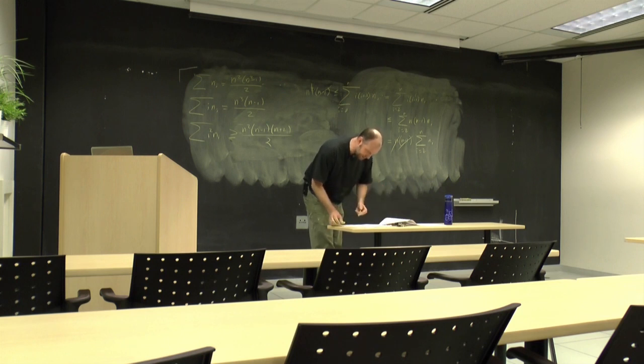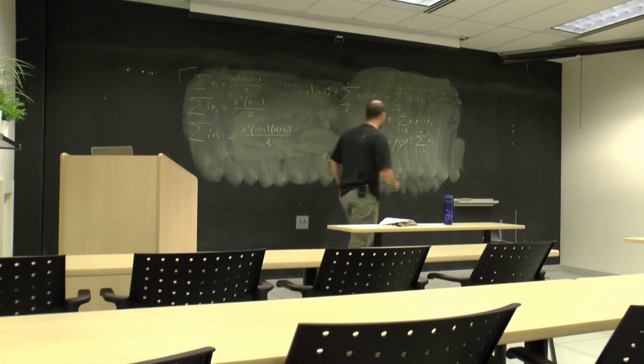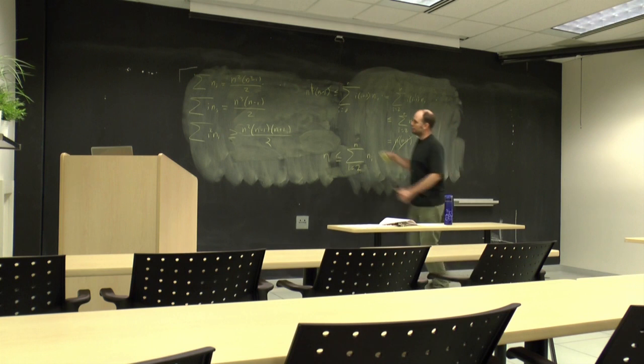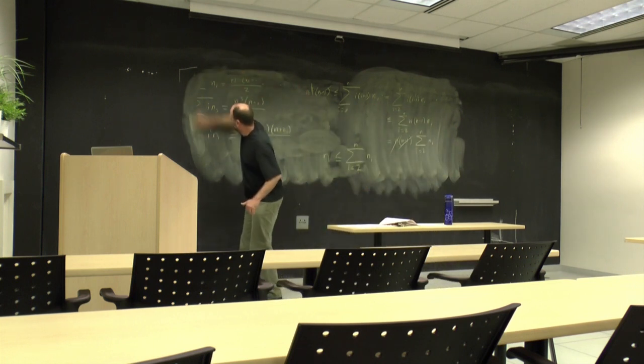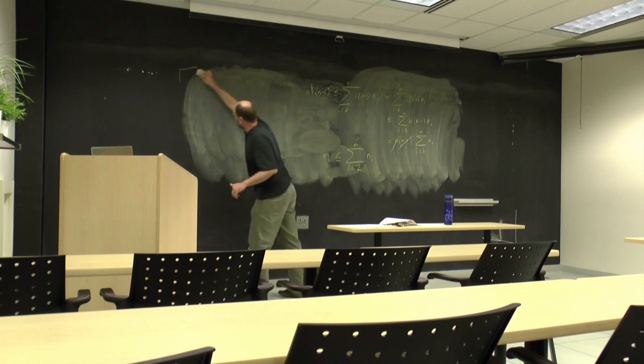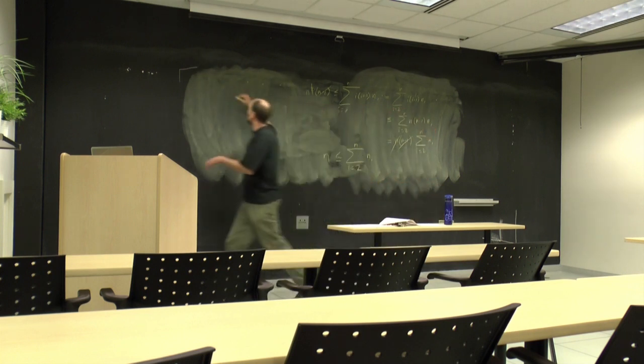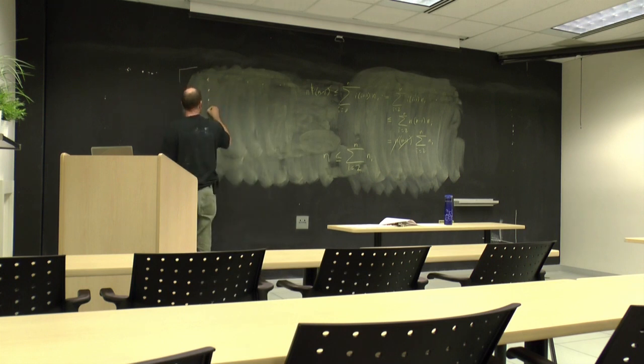So here it is. I'm going to draw it here, and go back to my affine plane. That's some grid of points.